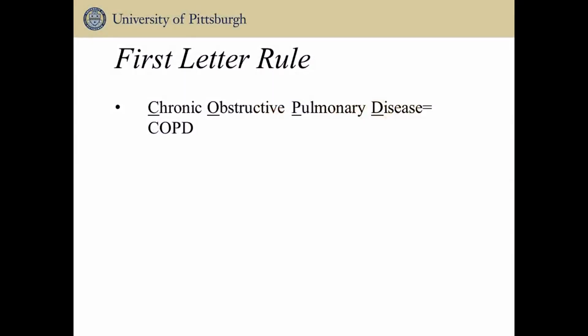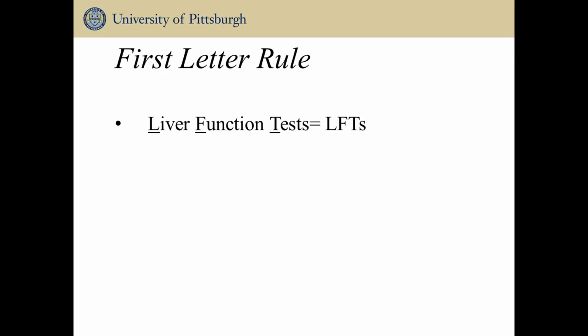Abbreviations using the first letter rule commonly identify diseases and diagnostic tests. For example, chronic obstructive pulmonary disease is COPD, or liver function tests are LFTs. In most cases, these letters are pronounced separately as letters.